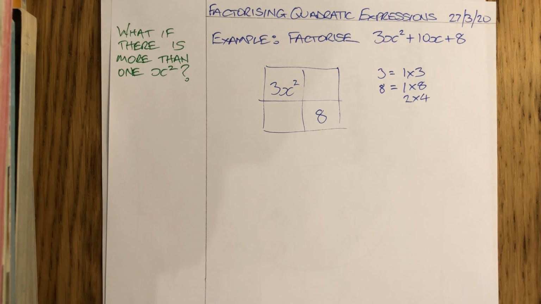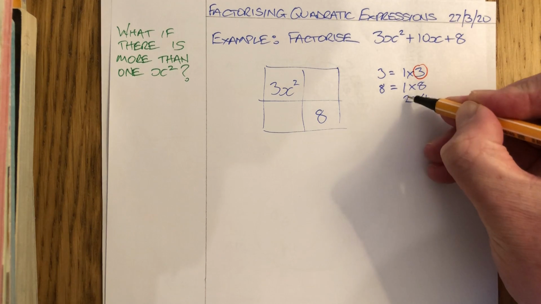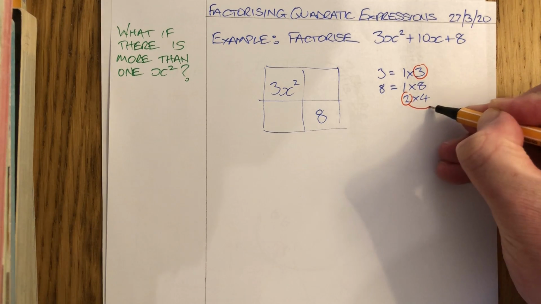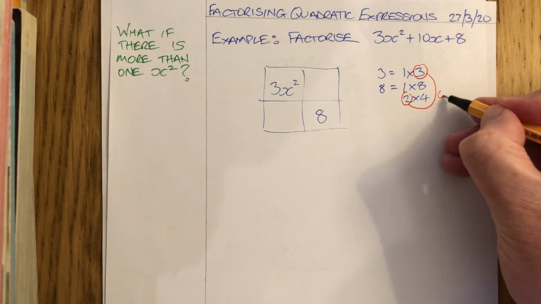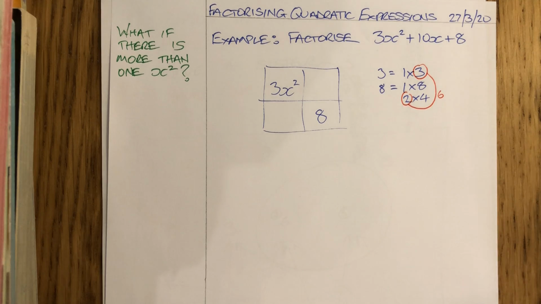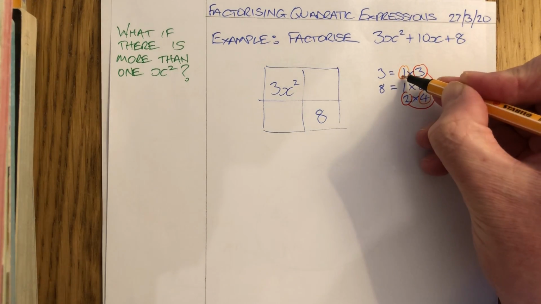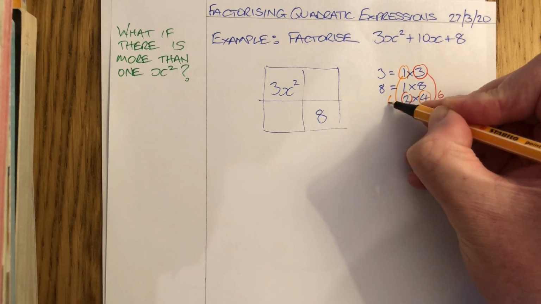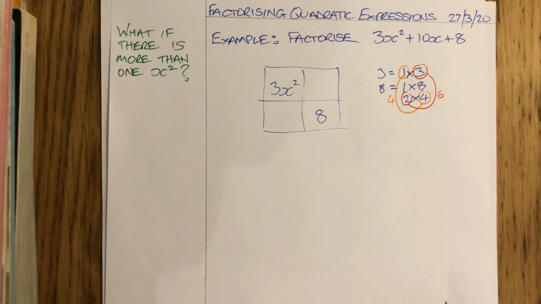Okay? After a little bit of trial and error, you'll find that if we do 3 times 2, so if I pair those numbers together, they make 6. And if I put their partners with each other, 1 times 4, they make 4. And then I add those together, that gives me the 10.